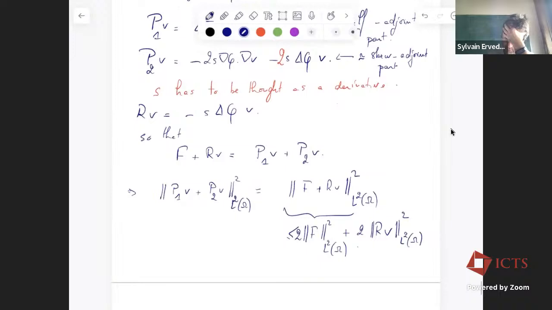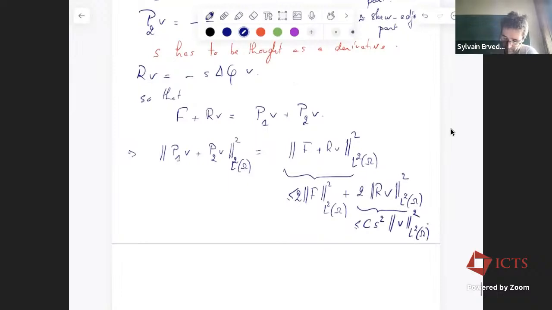And you see this one, in fact, is bounded. I recall that RV is minus S Laplacian of phi times V. So this is bounded by a constant times S squared times V in L2 of omega square. And if you believe in the result, you should get an estimate on S cubed norm of V in L2 square. So it means that this is really a lower order term. So on this one, really, this is a remainder and you don't care.